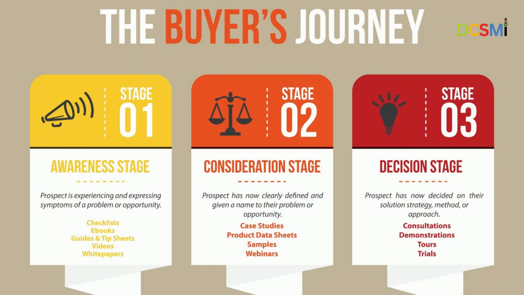there's the awareness stage, the consideration stage, and the decision stage of the buyer's journey, these three stages. During the awareness stage of the buyer's journey, your particular buyer persona has a goal that they're trying to do for their job that helps them get their job performance, their team's performance, and their company to the next level.